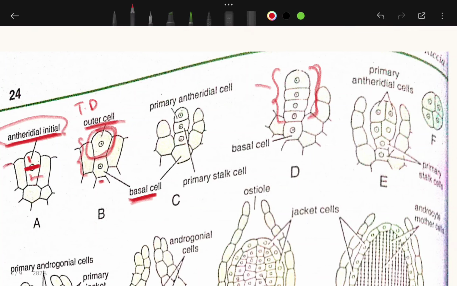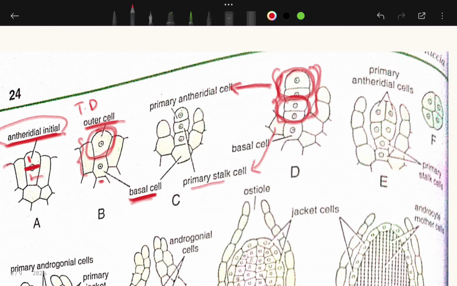Okay, and from these four cells that you can see here, these two upper cells are known as the primary antheridial cells, and then these two cells that are present on the lower side are known as the primary stalk cells.